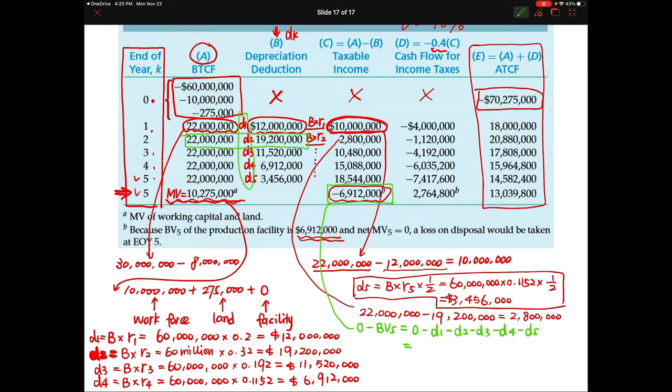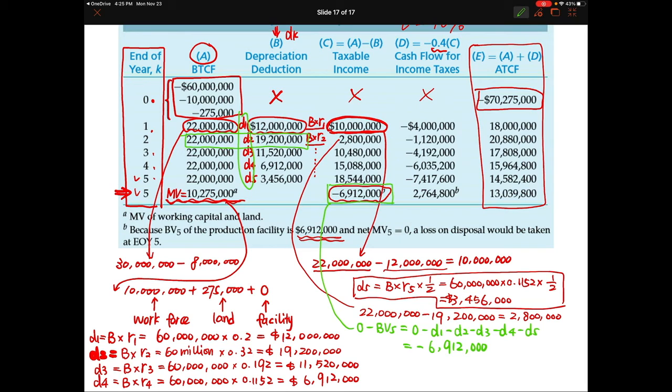Okay, you already have this here. So the answer, if you calculate that, it's gonna be negative 6,912,000. That's how you have this number in this cell.